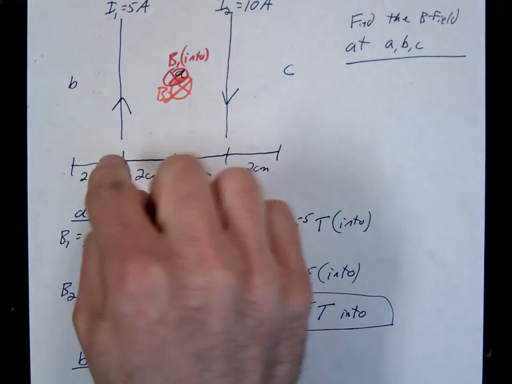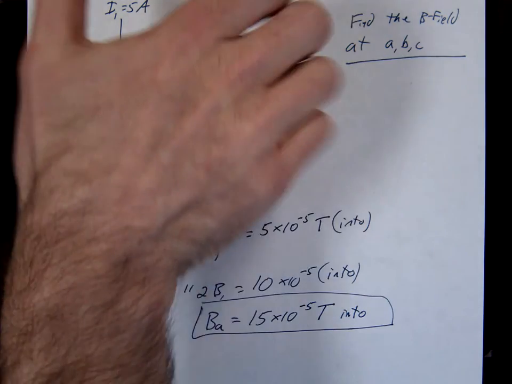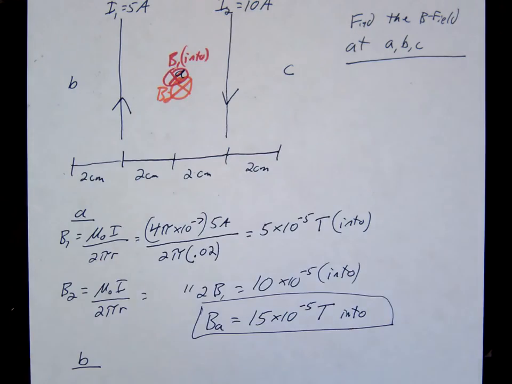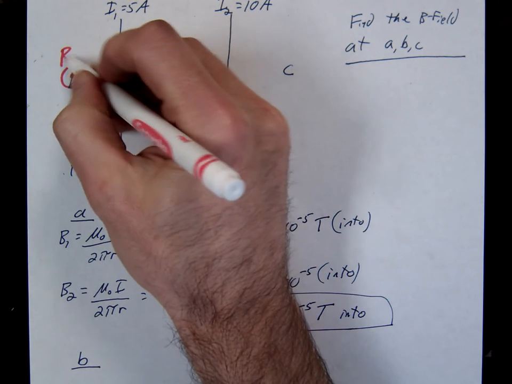So again, wire number 1 is going to create a magnetic field. When I curl around, I'm coming out of. So over here, my B1 is coming out. You could draw that with the circle.